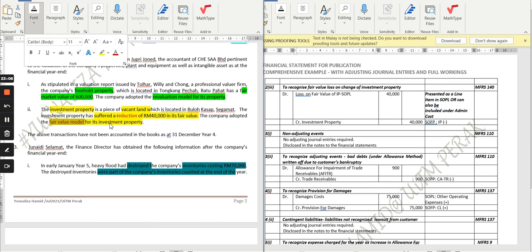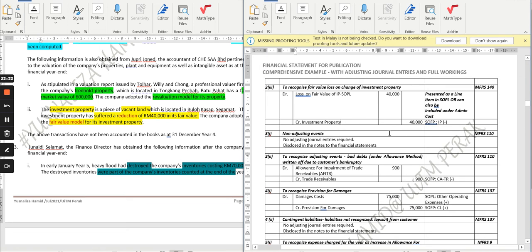So you just need to compare the carrying amount with the fair value. And if you look, the carrying amount, you don't need to find because that was 40,000 given as the loss or the loss on fair value change, decrease in fair value. So that decrease, debit loss on fair value of IP 40,000, credit the investment property.